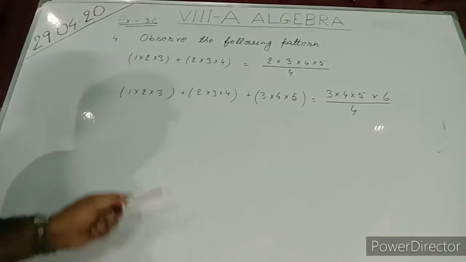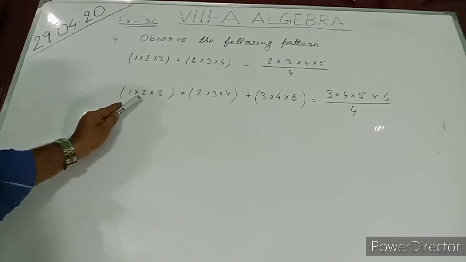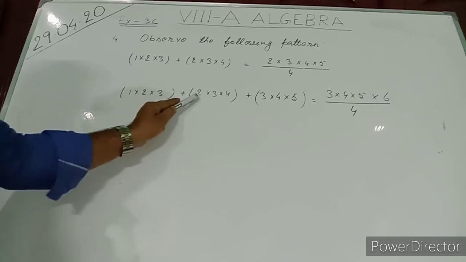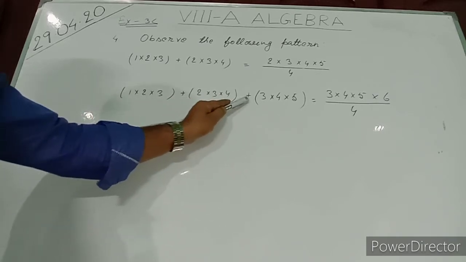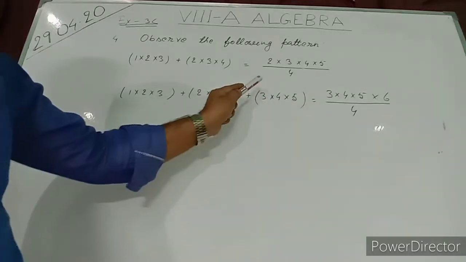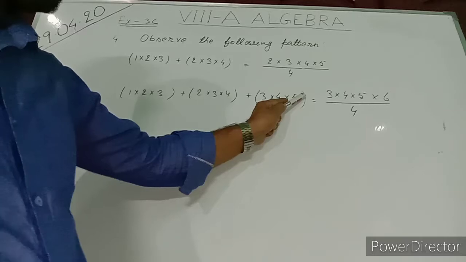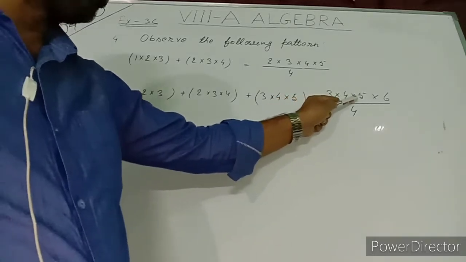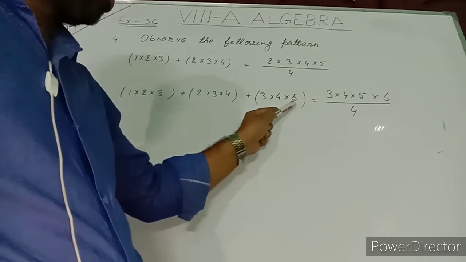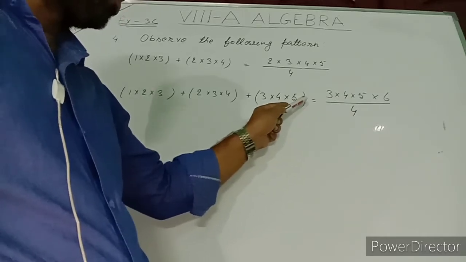Similarly, we observe the pattern in this. 1 into 2 into 3 plus 2 into 3 into 4 plus 3 into 4 into 5 equal to how much? You write all the numbers of the last bracket, 3 into 4 into 5, and you write one more number in the same consecutive manner.